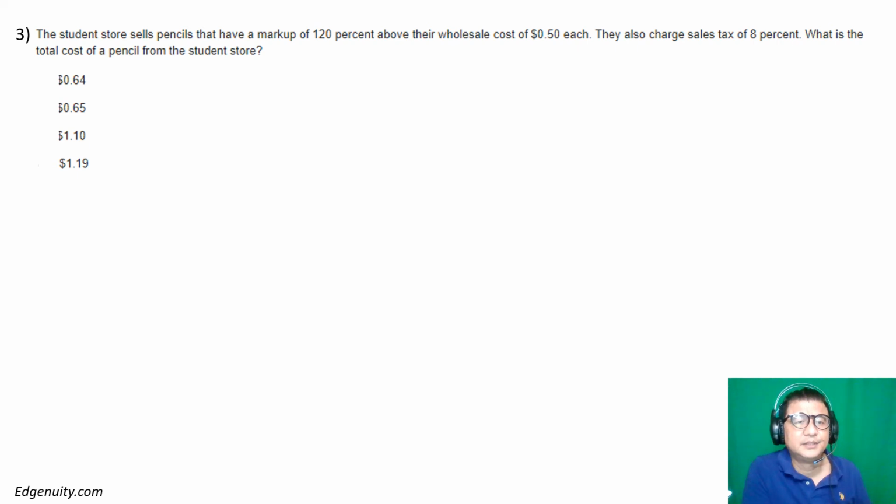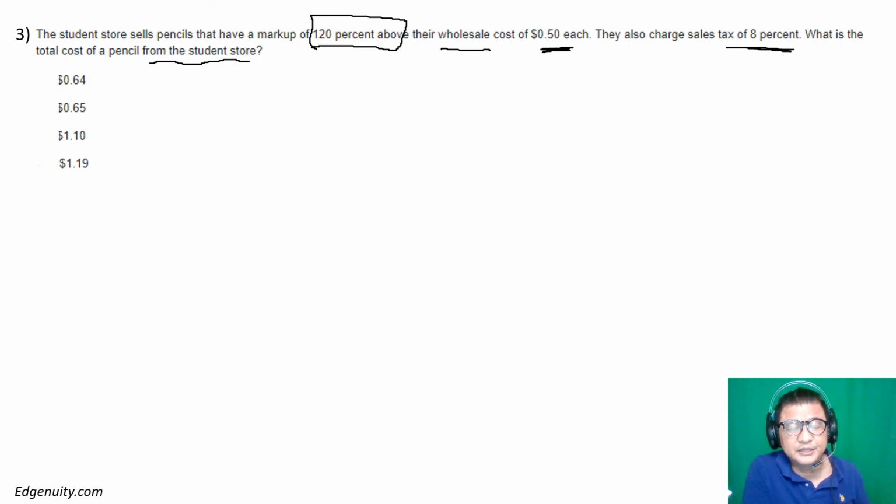Next, number 3. A student store sells pencils that are marked up 120% above their wholesale of 50 cents. Again, you need to add the tax. Now, what is the total cost of the pencil from the student store? Now, let's combine them all in one equation. So 120% above.